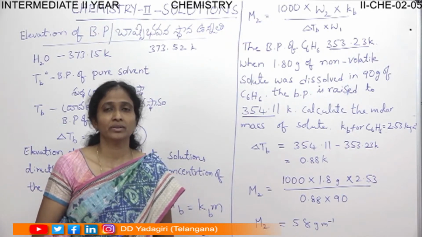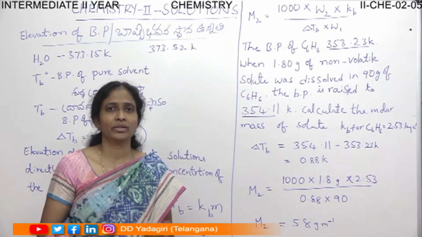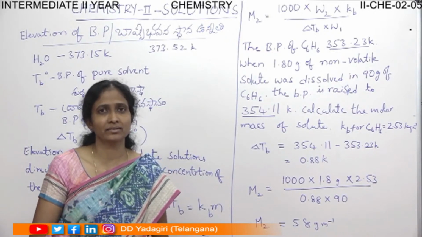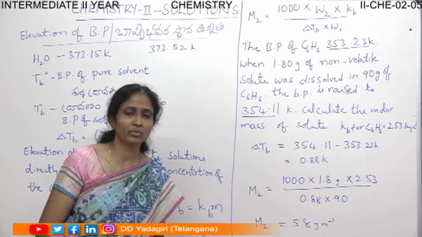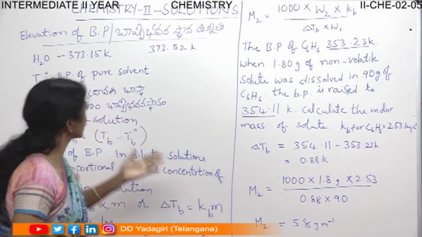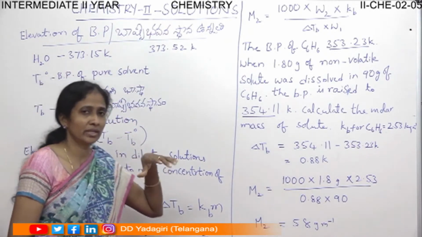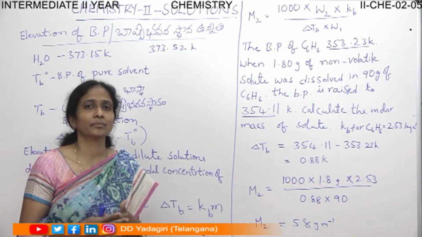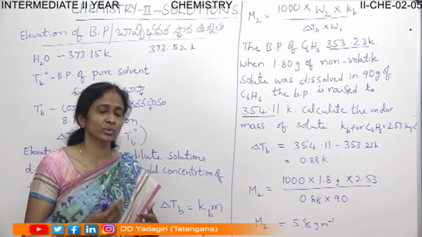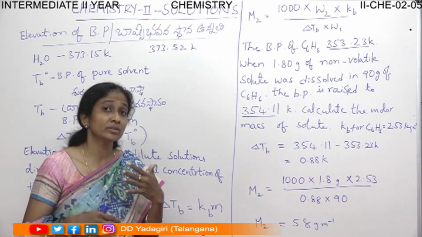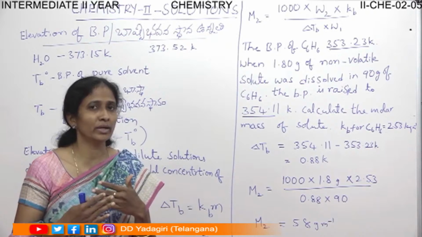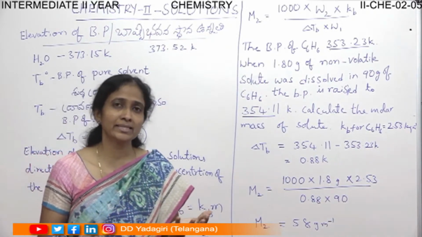For example, what is the boiling point of water? It is 100 degrees centigrade. If we talk in Kelvin, the boiling point of water is around 373.15 Kelvin. When we add some glucose or sucrose to that water, the boiling point is increasing.